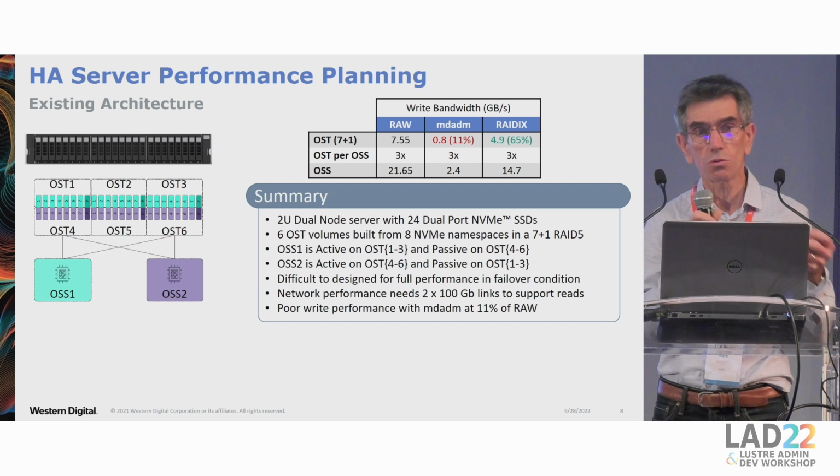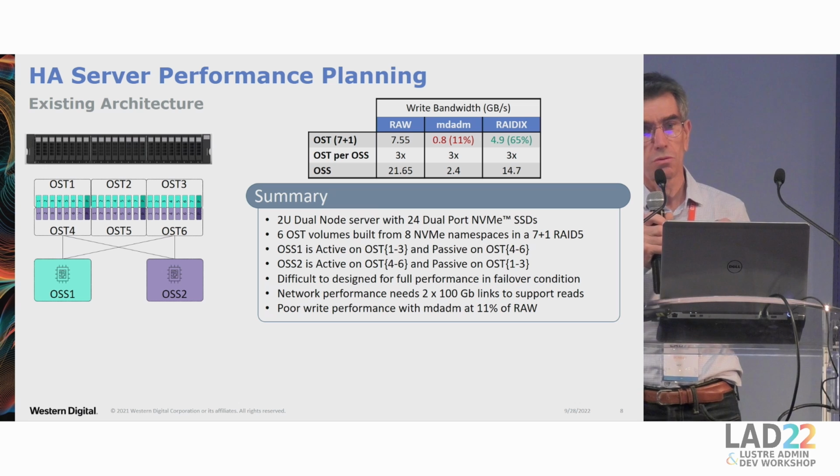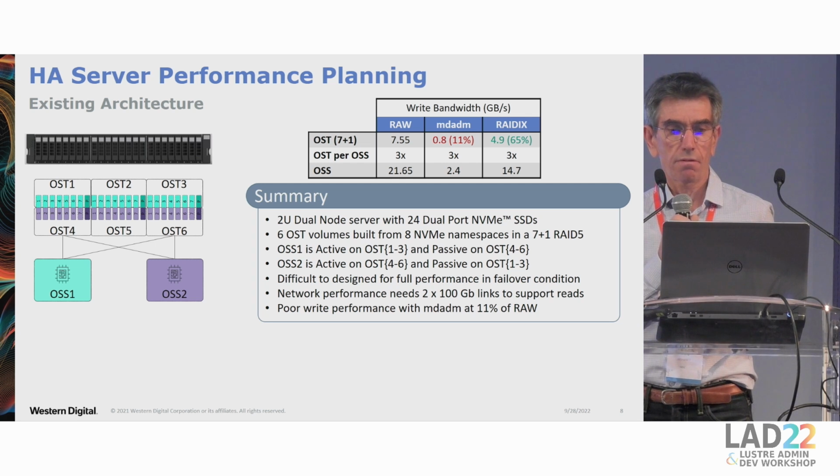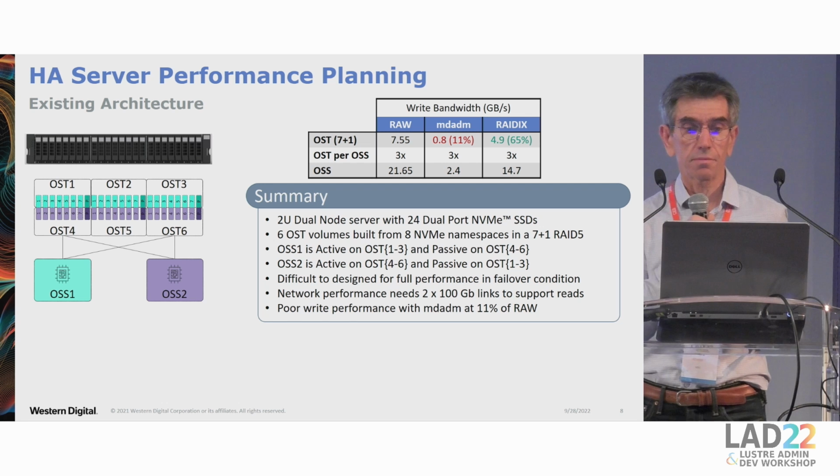So basically, you need to design and size your resources to take care of the failover situation, to plan for a failure of one node. Also, you need to have 2 times 100 gigabit to support the performance in read.